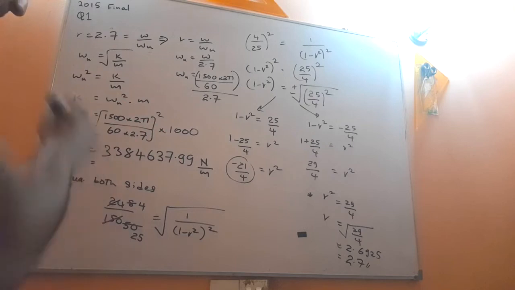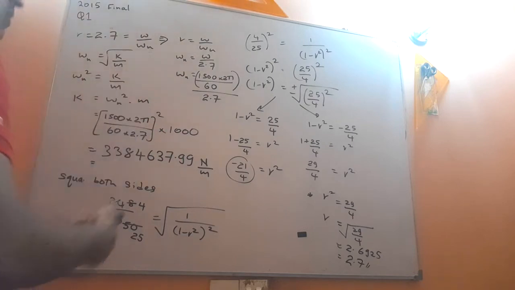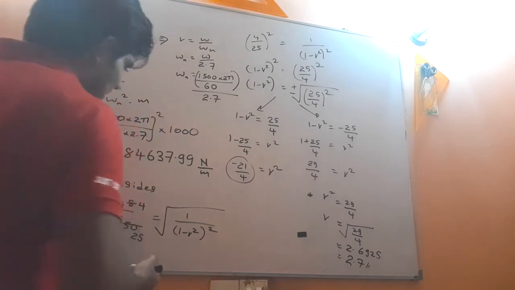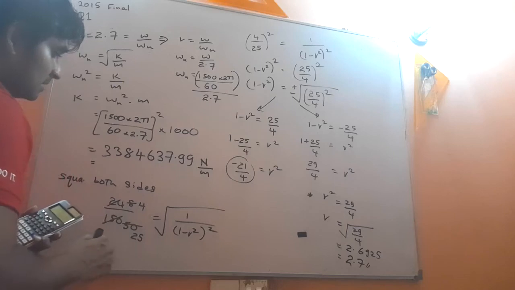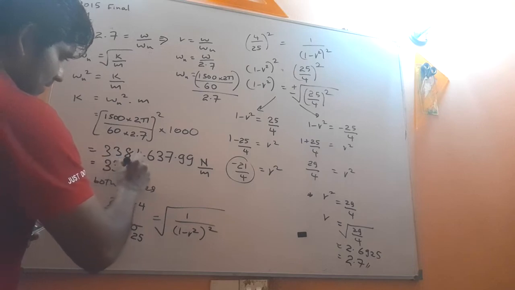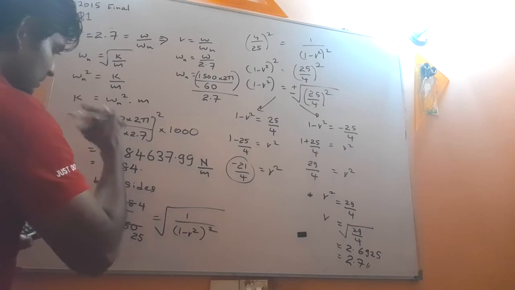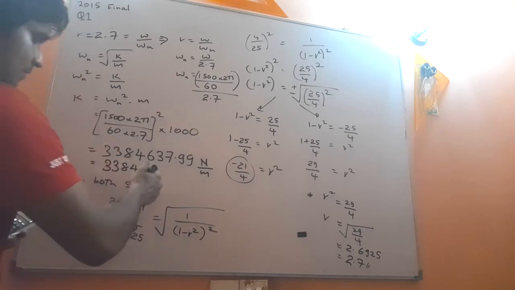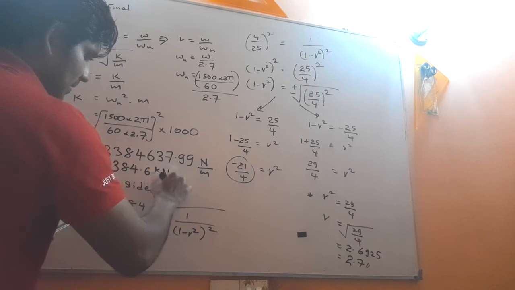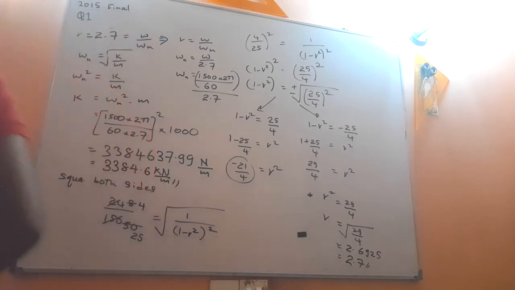So now what you can do is convert this into kilonewtons per meter, which means you divide this by 1000, right. So then the answer will be 3384.637. It doesn't matter, you can consider 3384.6 kilonewtons per meter.